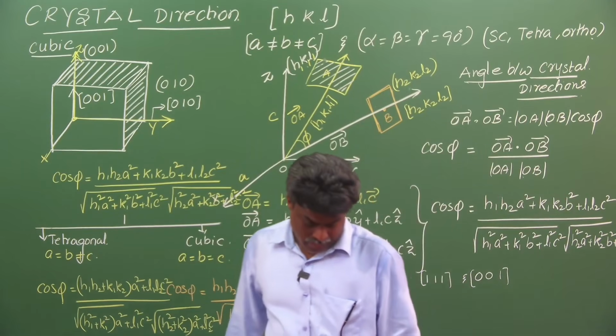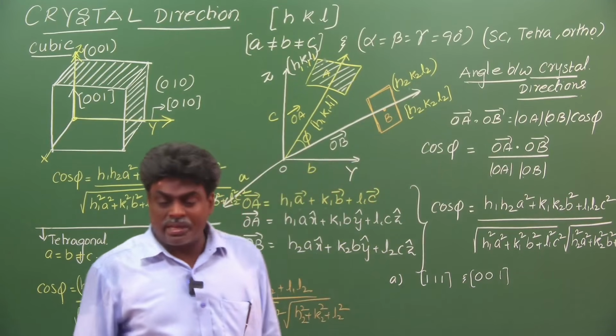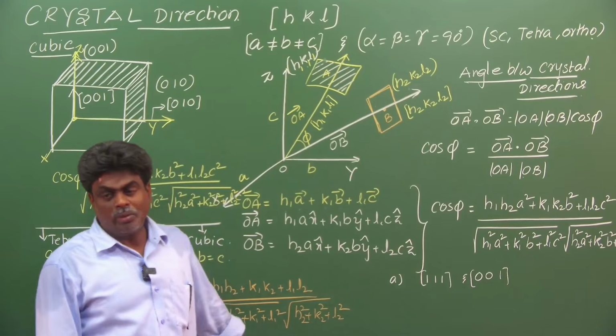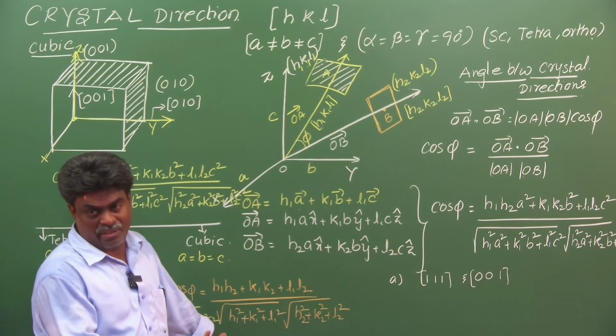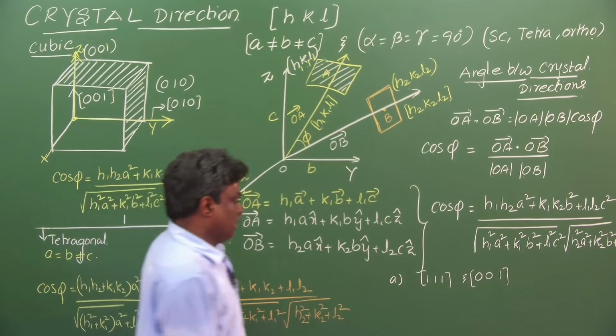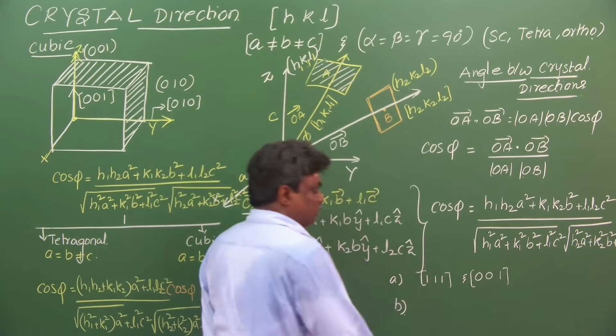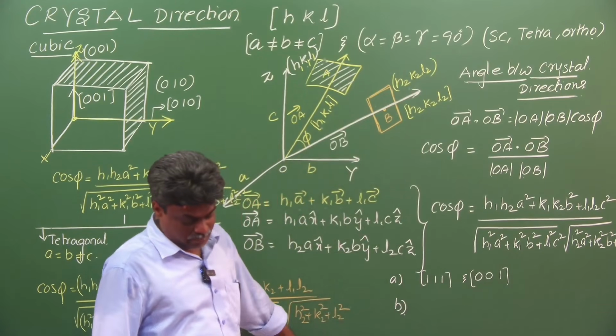directions in a cubic crystal. In a cubic crystal means what? What is the formula? H1, H2, K1, K2. Okay, come on. Next, second problem. In a cubic crystal, second problem.